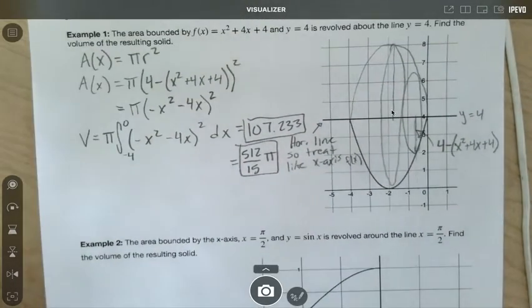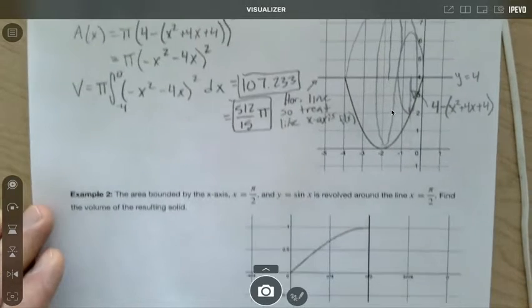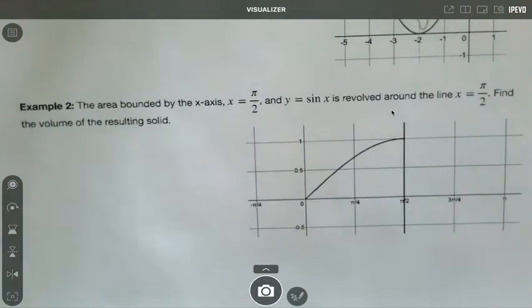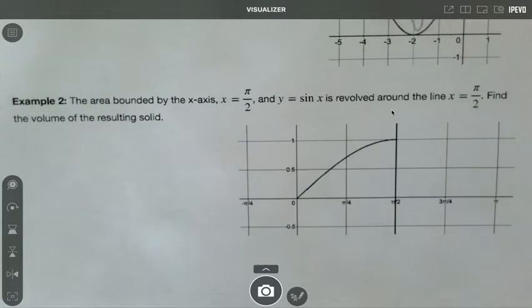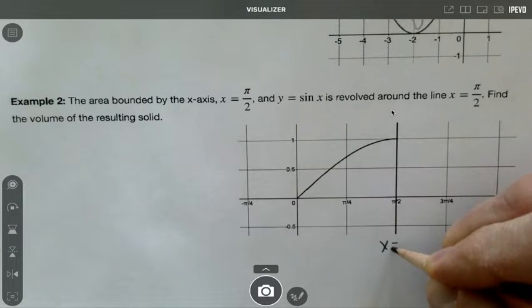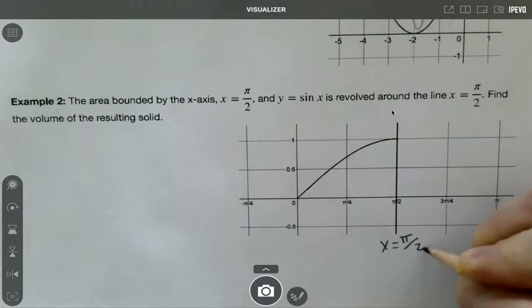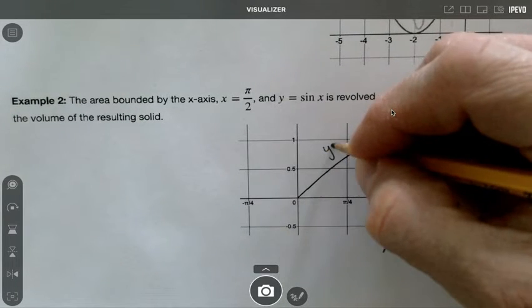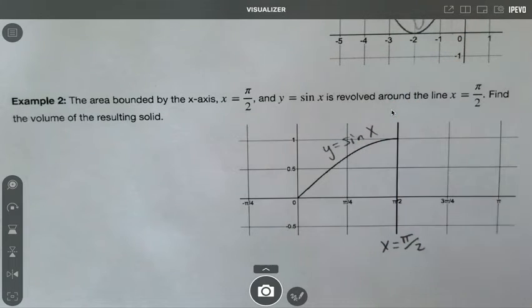All right. The other case you might run into is where rather than rotating around a horizontal line, we're rotating around a vertical line. In this case, our vertical line ends up being x equals pi over 2. And our function here is y equals sine x.